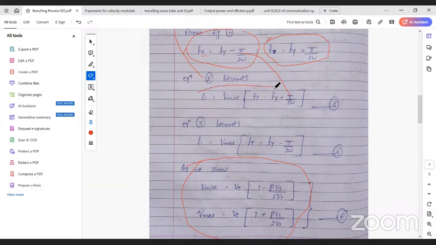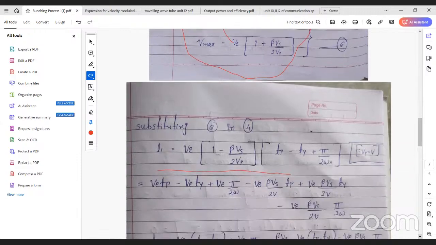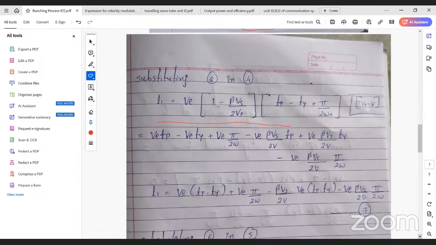From equation 4, in place of V minimum, you substitute this one. In equation 5, in place of V maximum, you substitute this one. After substitution, internal multiplication and common terms, you will get the 7th equation. You just refer.